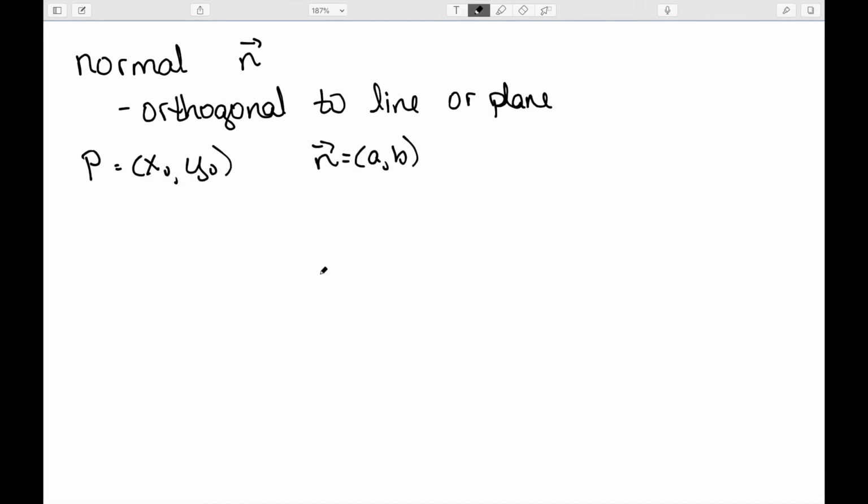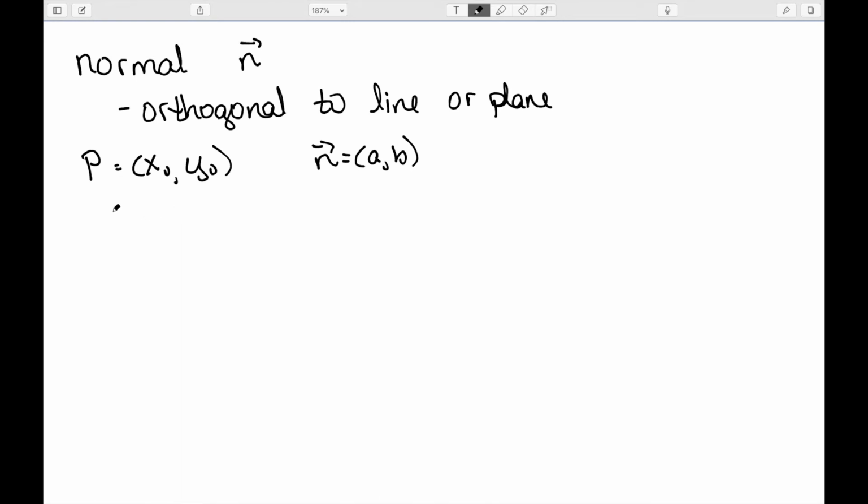So in 2 dimensions, when we're thinking of a line, we would need a point that we're considering on this line, which I'll denote as x0, y0, and we'll need a normal vector, n, which I'll denote as a, b. So the idea is now I have a point and I have a normal vector. Any vector on the line should be orthogonal to this.